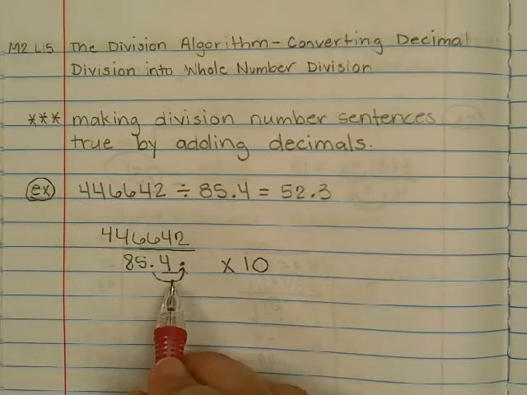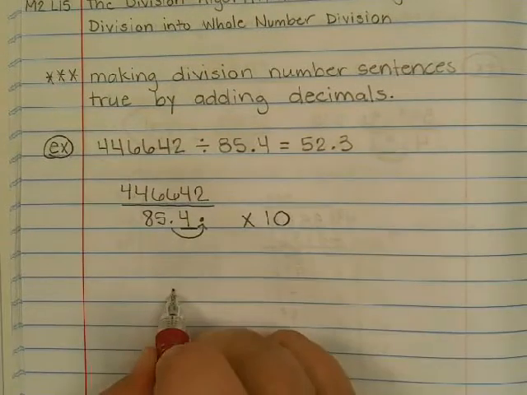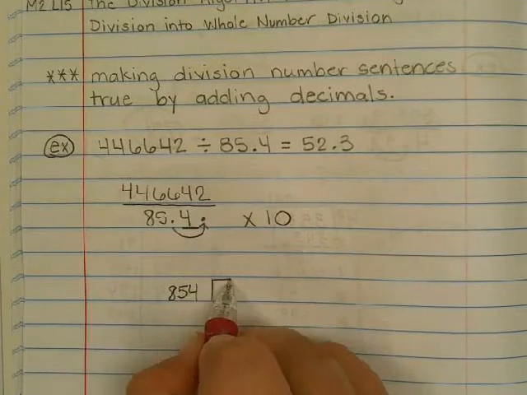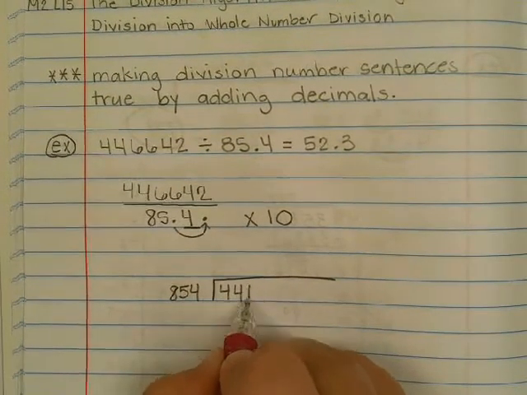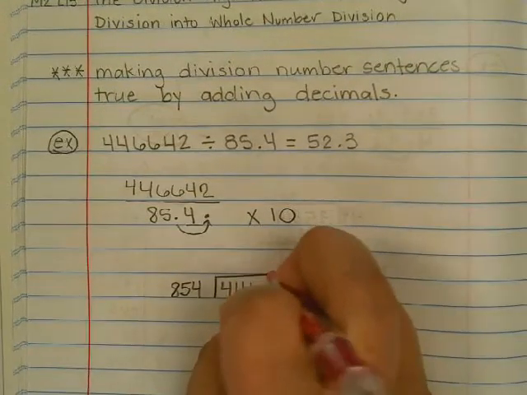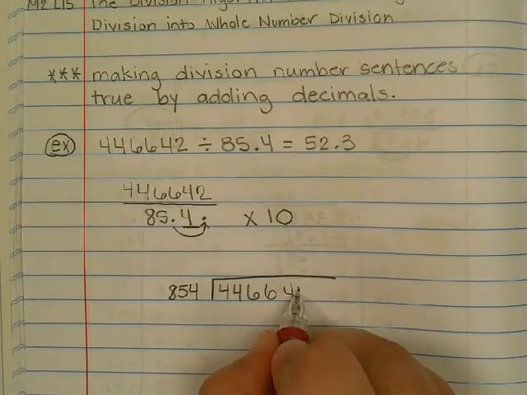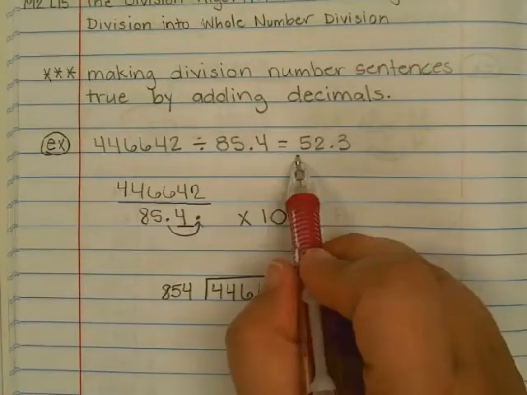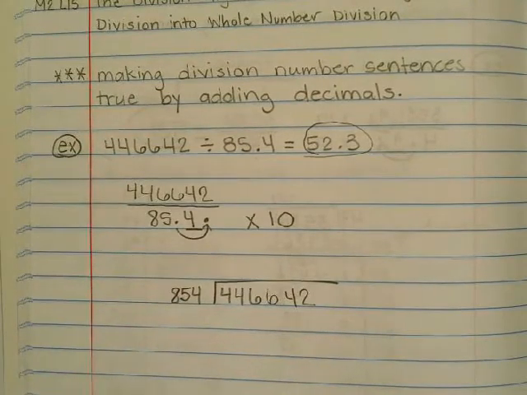That's going to give me my whole number, 854. Then I would write out my division algorithm. Whoops, I left a 6 out. Then I see my answer is here, and as I told you before, the answer already has the decimal in it, and it's correct.